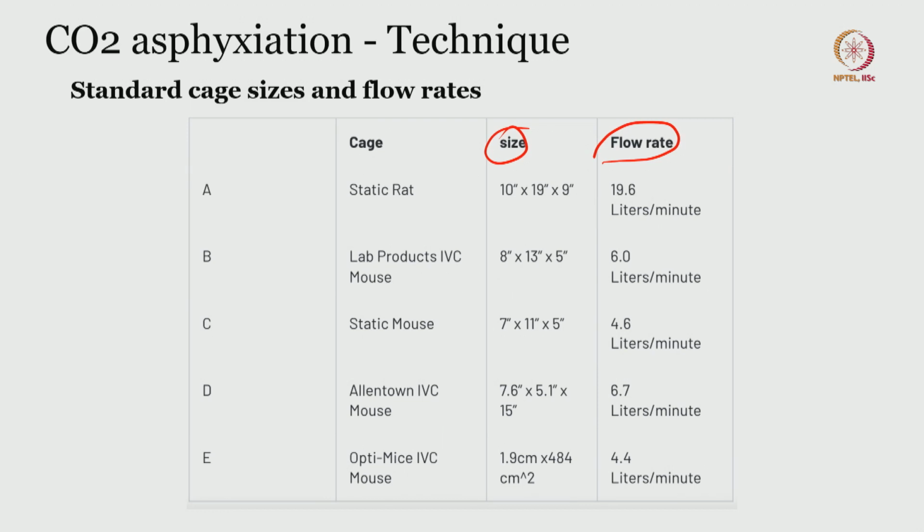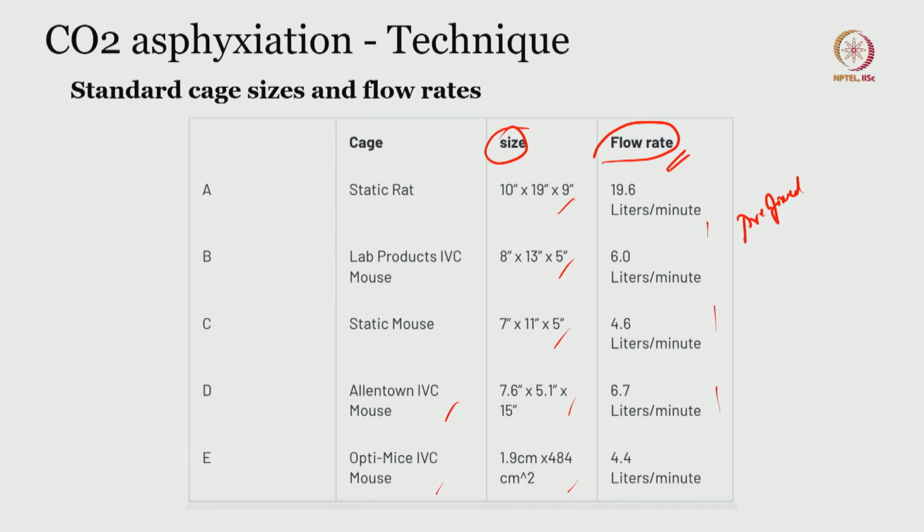All right. So, these are some of the prefixed or pre-calculated flow rates which are appropriate for the given size. And these are the different types of mice, and you are having different sizes, and accordingly the flow rates are readily available and given here.